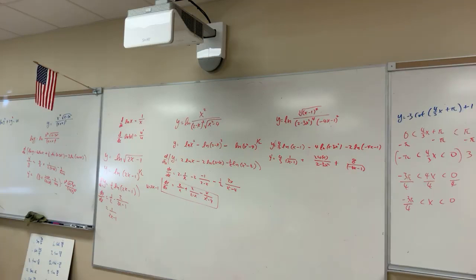Remember, 2 ln y, and then divide the whole thing by 6. But we need to take dy. We didn't take the derivative. Did we just take the derivative? Oh wait, no, you're right. No, wait. 2 ln y. And then divide it.